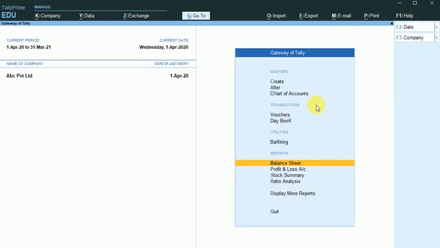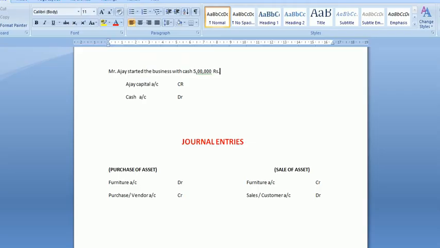So now I'm going to follow with the journal entries. If I want to purchase an asset or sell an asset, these entries will be recorded in journal voucher. Furniture account will be debited and the purchase or the vendor account will be credited. If the vendor is specified, I have to go with the vendor account.